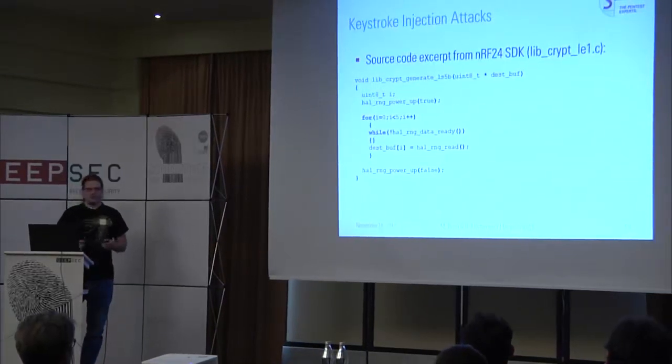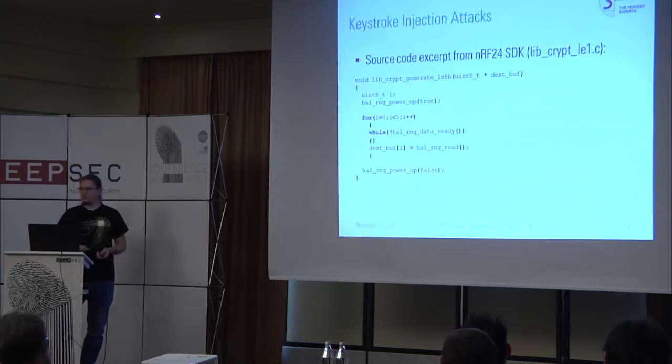So thinking about that, a random number generator in hardware. If you use a pseudo-random number generator, it's easy. You can use the same seed on both sides, on the dongle and on the keyboard. If they use the same seed, they will create the same random numbers. But for this, there's no way that the dongle can synchronize with the keyboard.